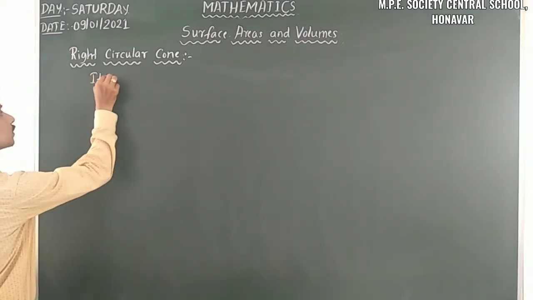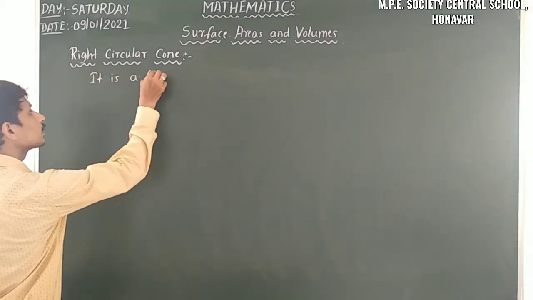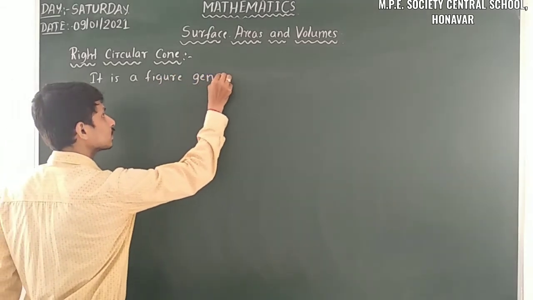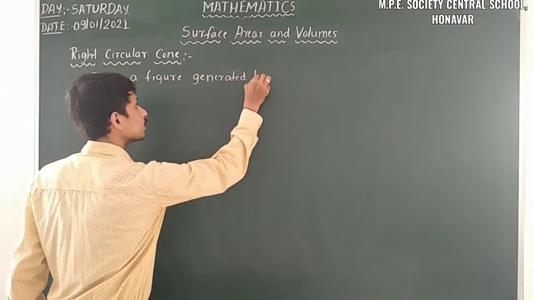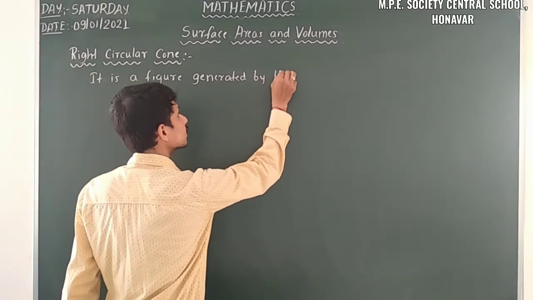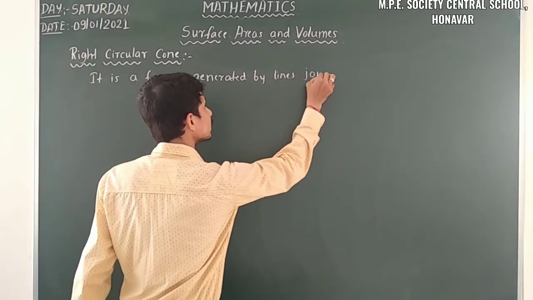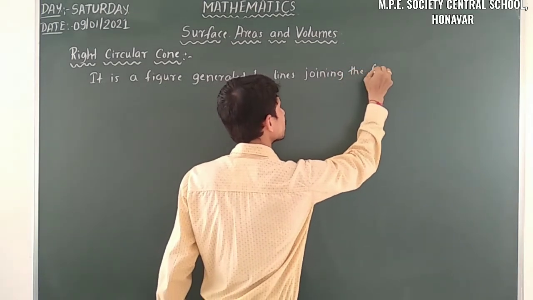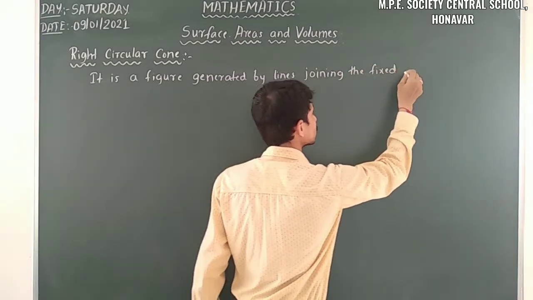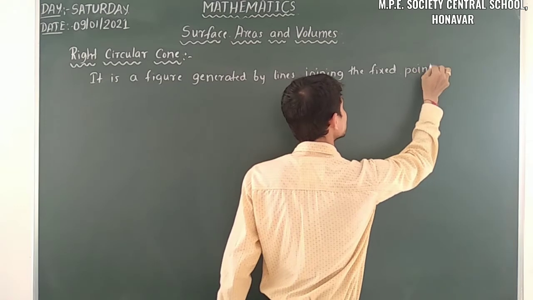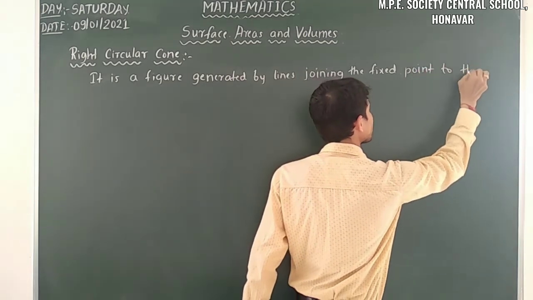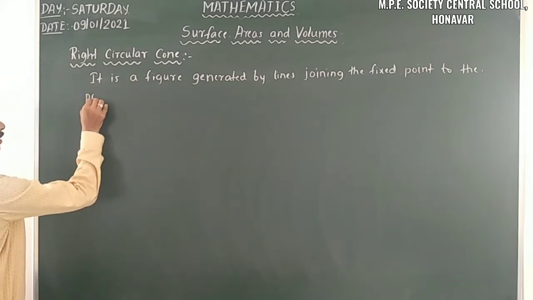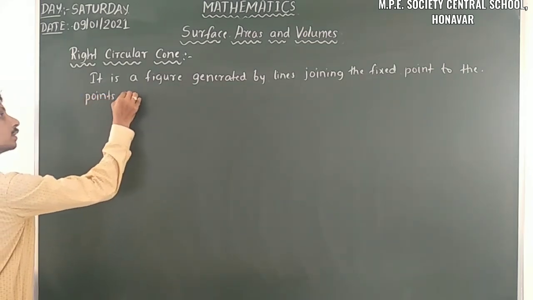It is a figure generated by lines joining the fixed point to the points on the circle.